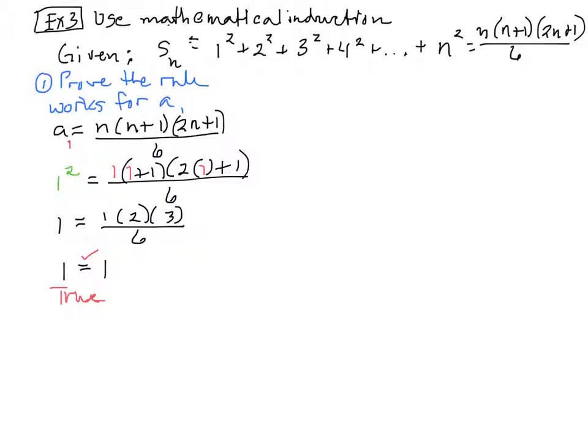And the second step should also be easy because all you're doing is, well, not prove, show. I guess that's the word I want, show that n is equal to k is essentially what we're doing.